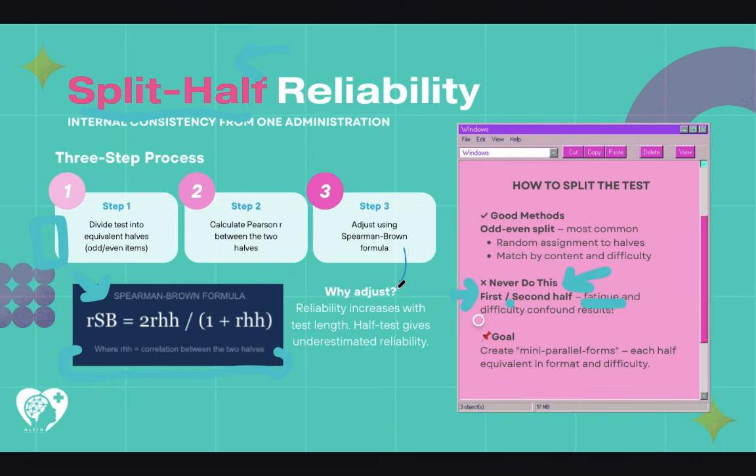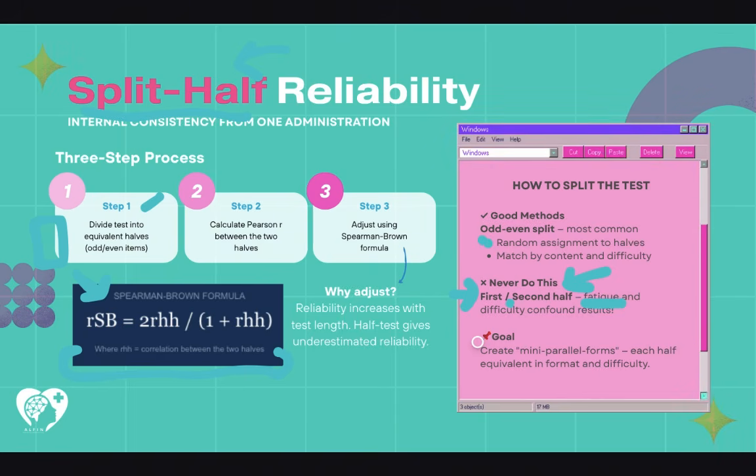So what is recommended in splitting the test? First is the odd-even split. Or you could do random assignment. For example, you put all the items in a fishbowl and then draw them out, and the first papers drawn go to the first half, then the second half, so it's random assignment. You can also do this electronically, or you can match by content.